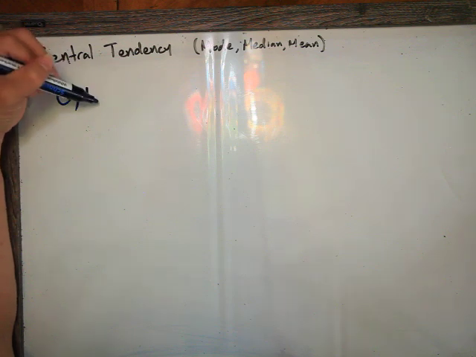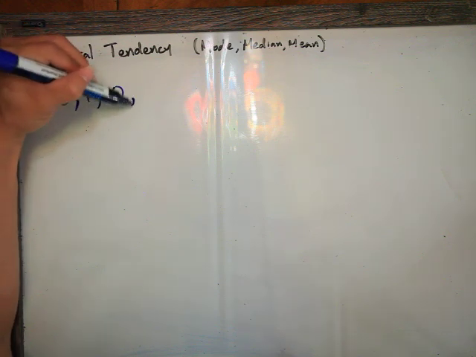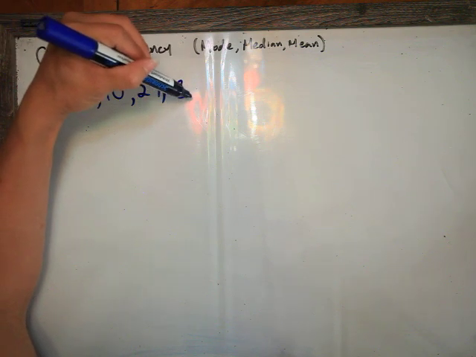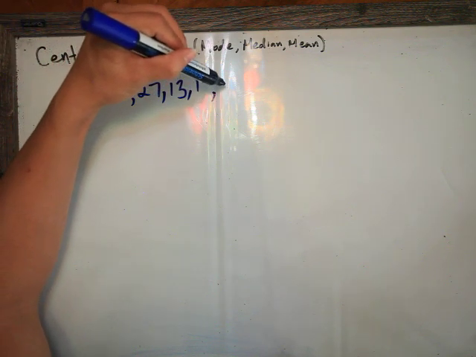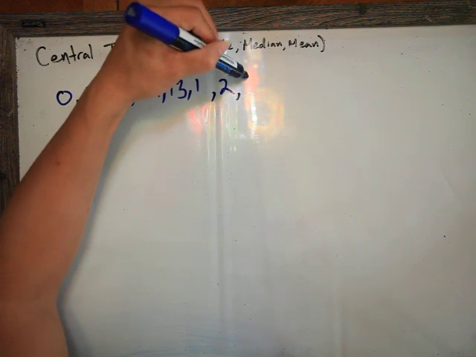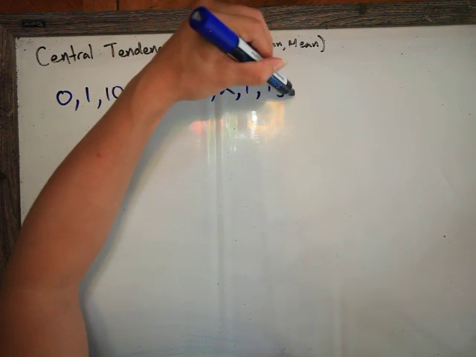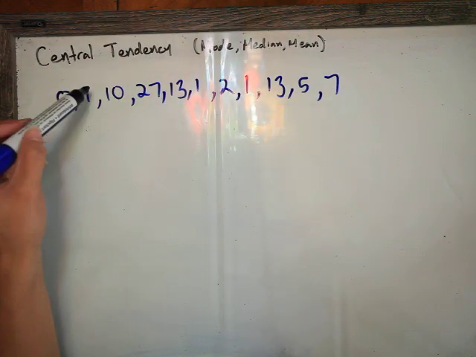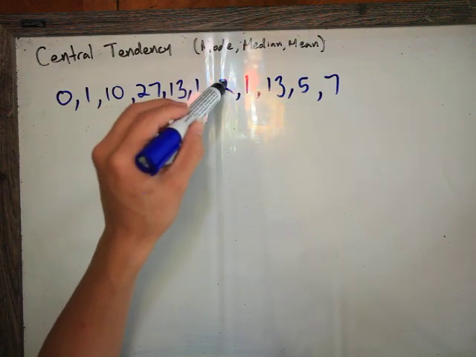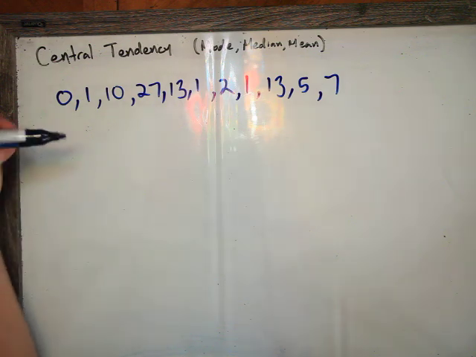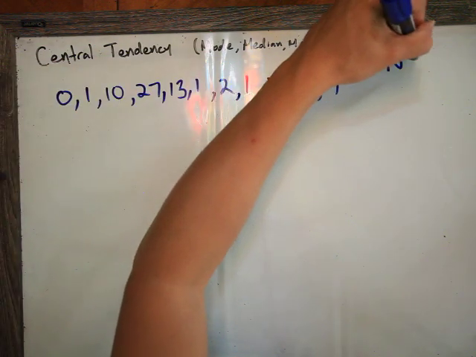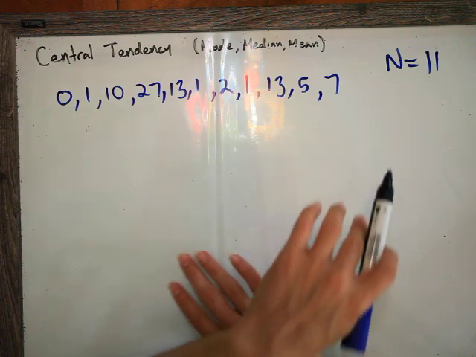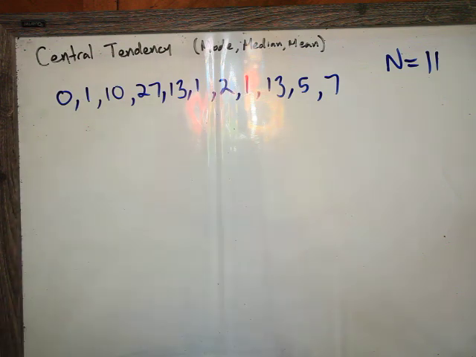So here's 0, 1, 10, 27, 13, 1, 2, 1, 13, 5, 7. So that's 1, 2, 3, 4, 5, 6, 7, 8, 9, 10, 11. So n equals 11. We have 11 total values in our data set.